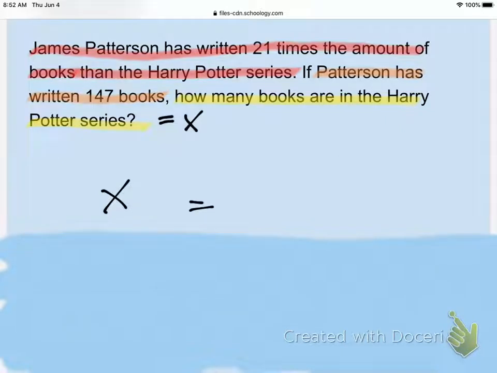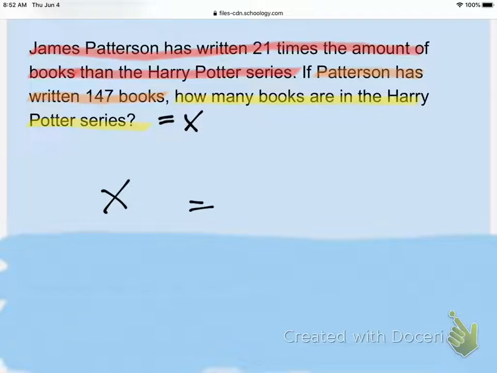What's on the other side of the equal sign? What's all alone on the other side of that equal sign? Once you've figured out what the variables are, there are only 2 numbers left in this equation, 21 and 147. We have to figure out, is it going to be equal to 147 or is it going to be equal to 21?